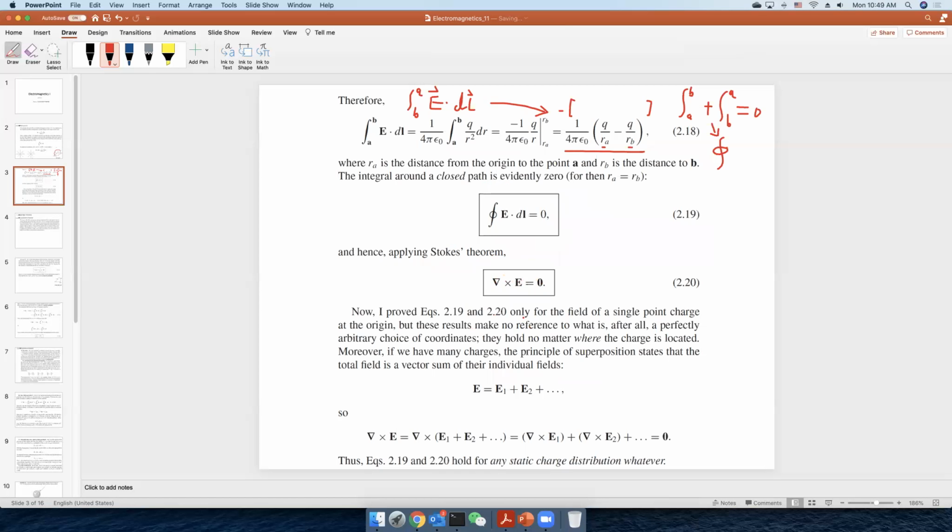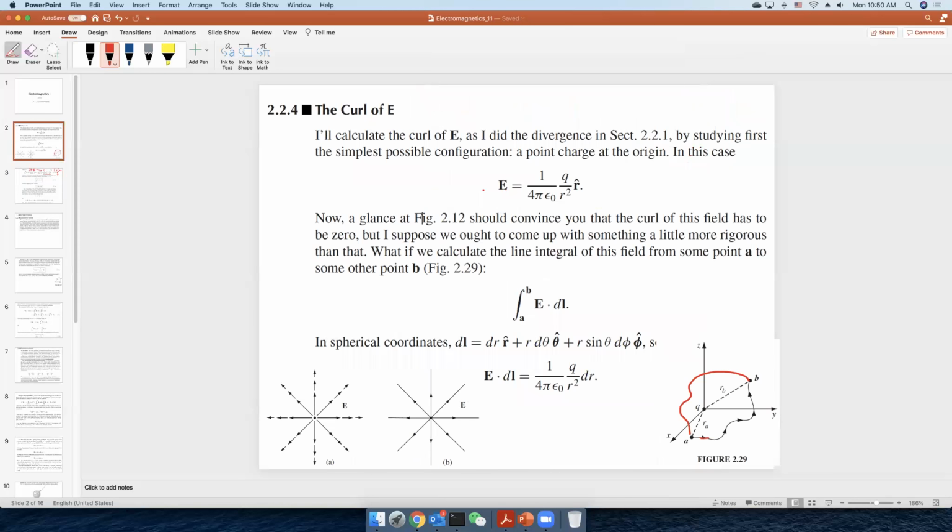Okay, so by now we have proved that the curl of electric field is 0 when this electric field is generated by a point charge, because remember we started from this equation. This is generated from a point charge.